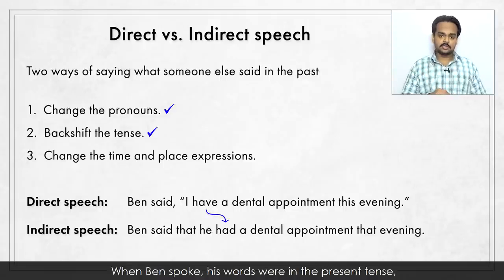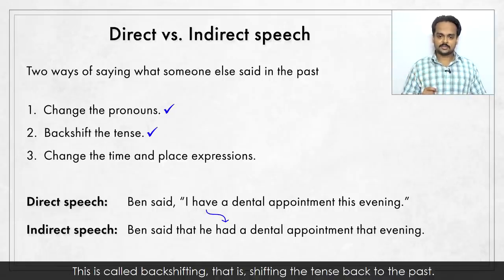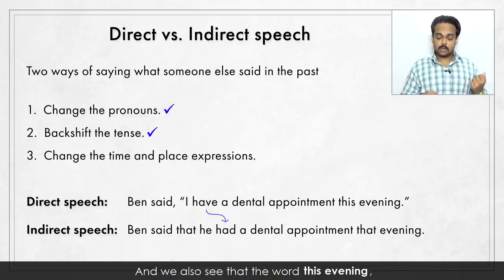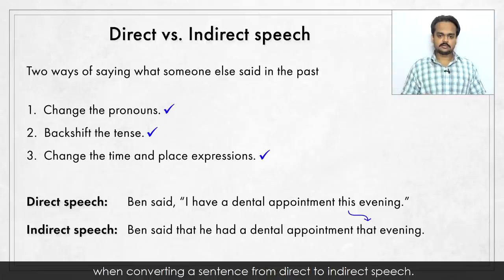When Ben spoke, his words were in the present tense. But now when we report those words, we change them to the past tense. This is called backshifting. That is, shifting the tense back to the past. And we also see that this evening, which is a time expression, has become that evening. These are the three main changes that we make when converting a sentence from direct to indirect speech.